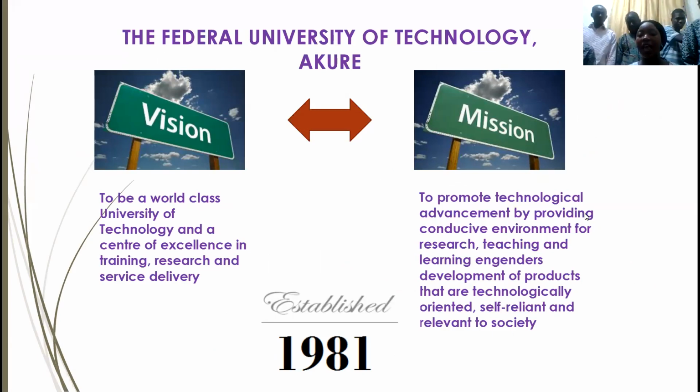The mission is to promote technological advancement by providing a conducive environment for research, teaching, and learning, and to engender development of products that are technology-oriented, self-reliant, and relevant to society.